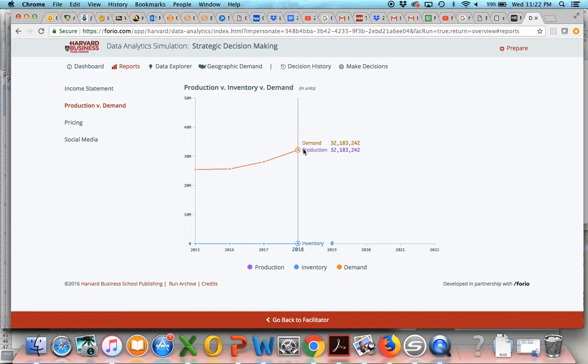When you look at this in the future here, you can see that the demand is the same amount that was produced. So basically, you made exactly as much as you needed to. If you produced more than the demand, you basically wasted money. If you made less than the demand, it means you left money on the table.